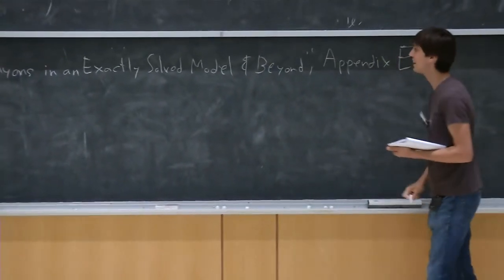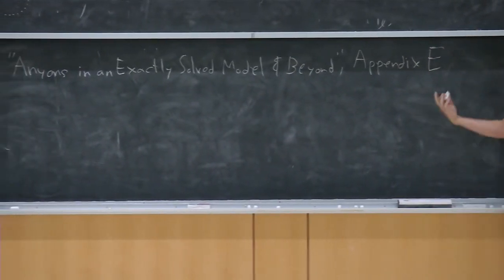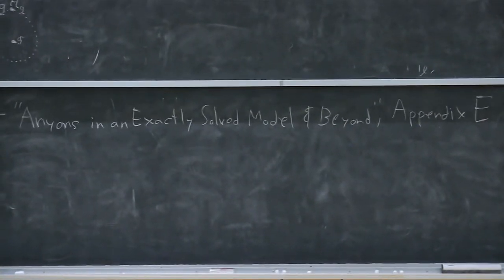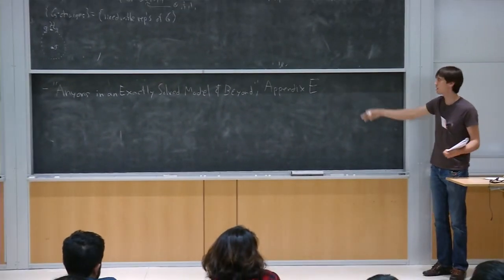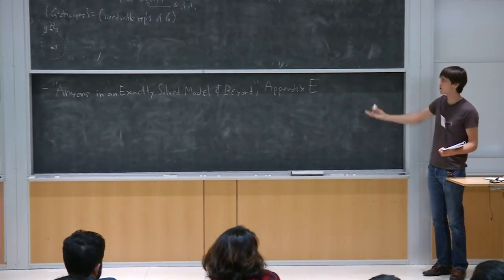This is a very well-written appendix, which could be a paper on its own, which basically derives all these things that I said I would talk about, but I didn't get time to talk about. How does unitarity come up? How does modular come up? What does that mean? How does tensor come up?